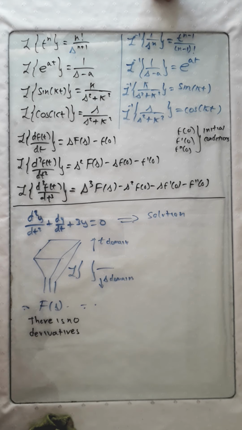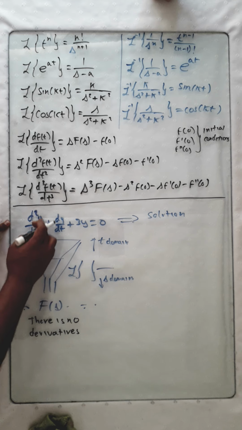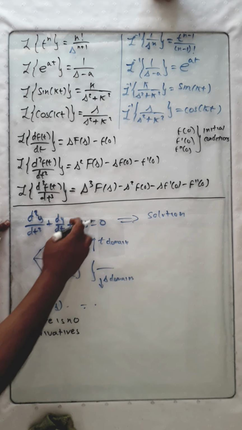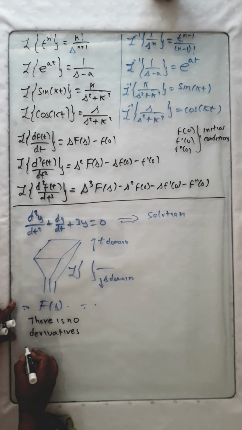Okay? So here the problem is very complex because you have derivatives and you cannot make factorization because you cannot factorize the y from here, here, and here. But because in the s domain there is no derivatives, then it becomes only an algebraic problem.